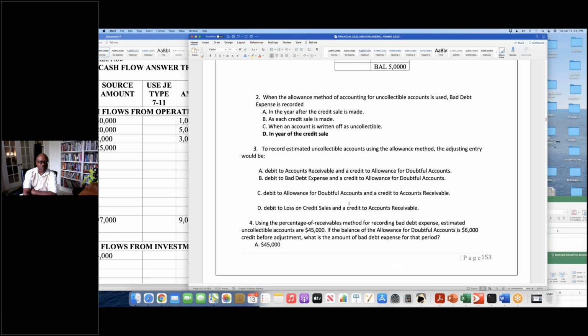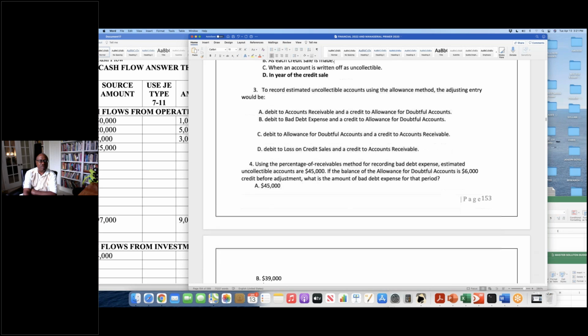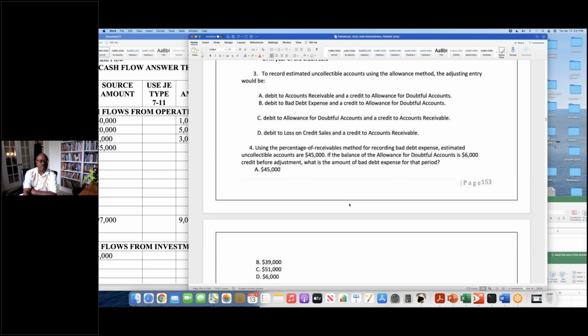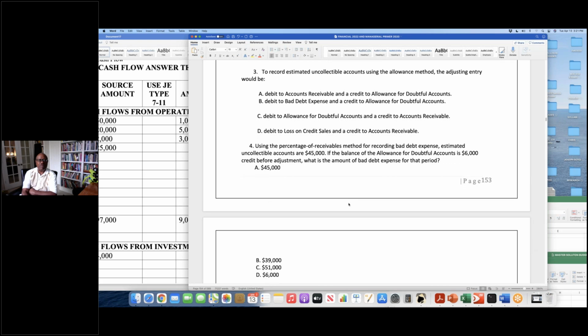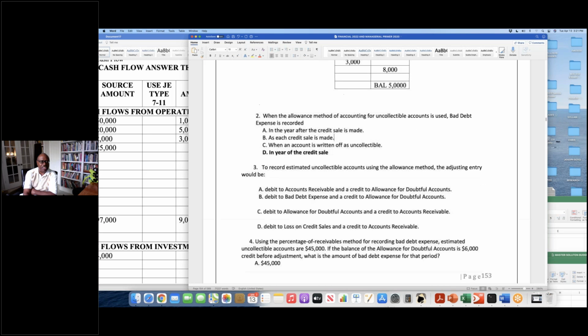What about number 3? Oh, we should better get that one right. Y'all don't want to think today. So which one? Give me a guess. A. Let's go over and look at the entry again.